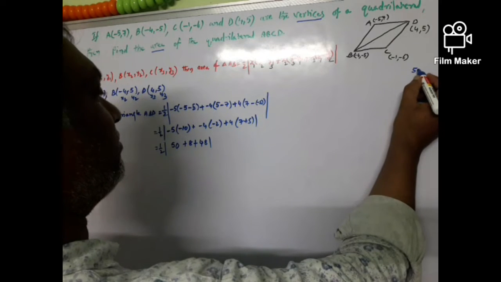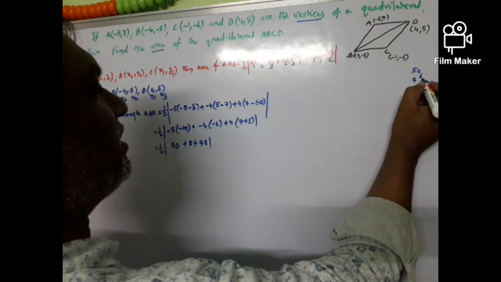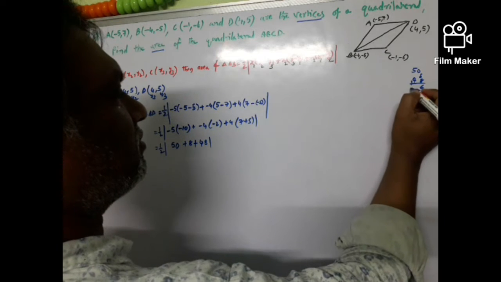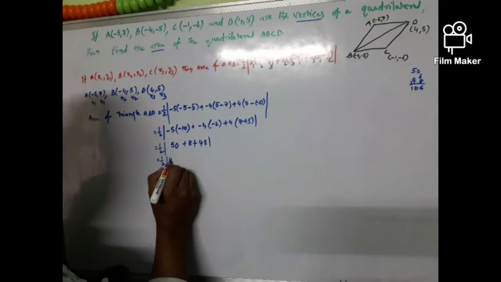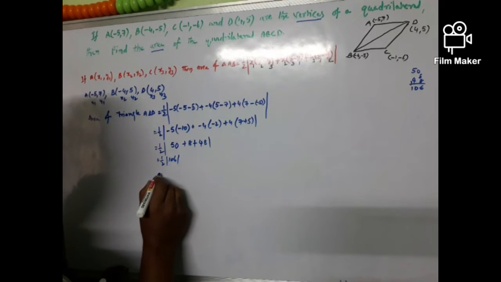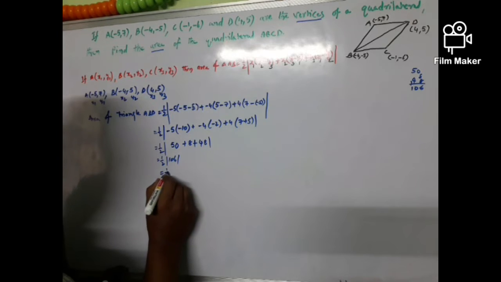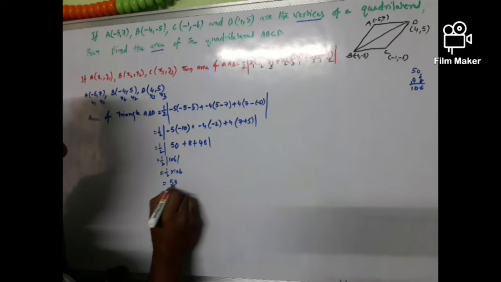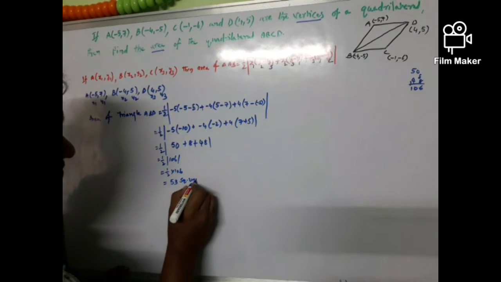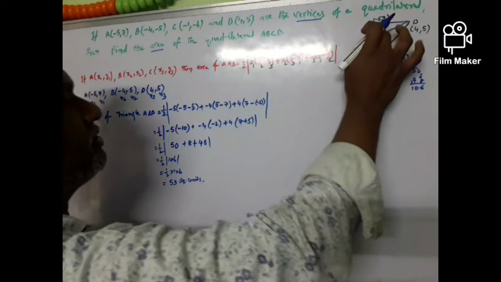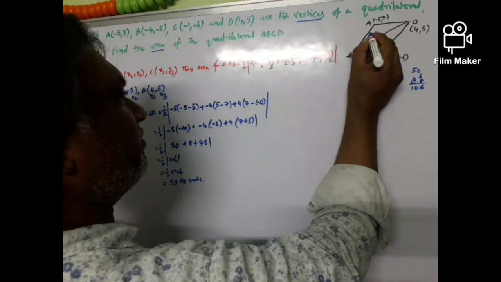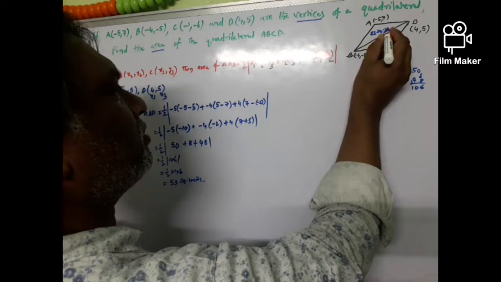Add 50 plus 8 plus 48, that is 106. So 1 by 2 into 106 is 53 square units. This is the area of this portion: 53 square units.